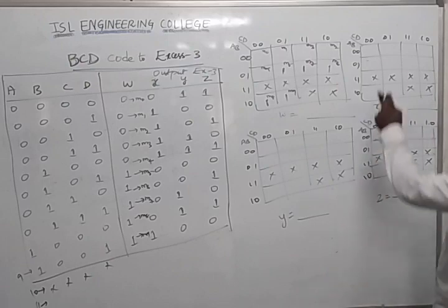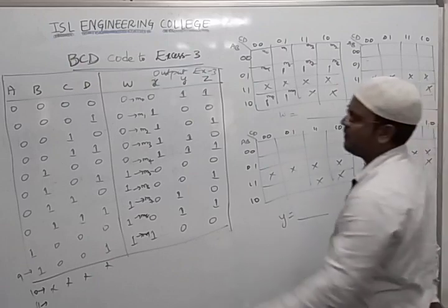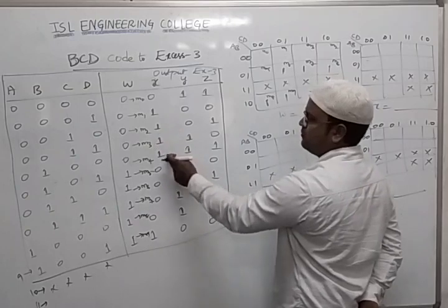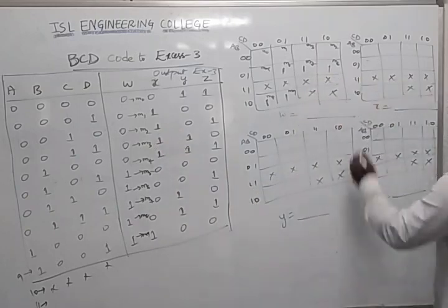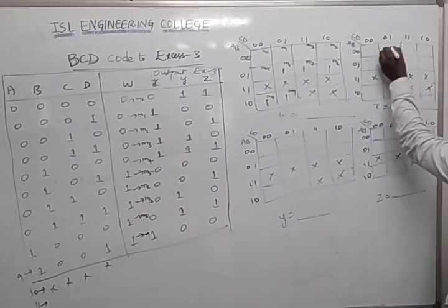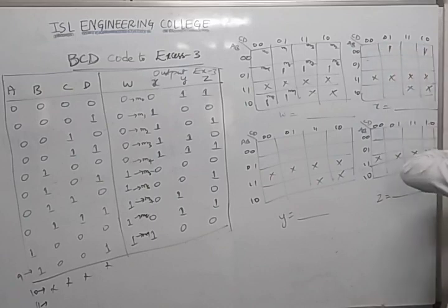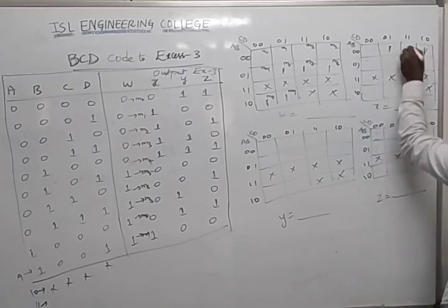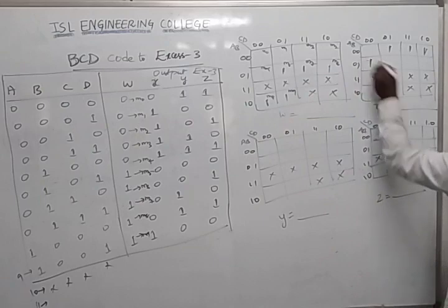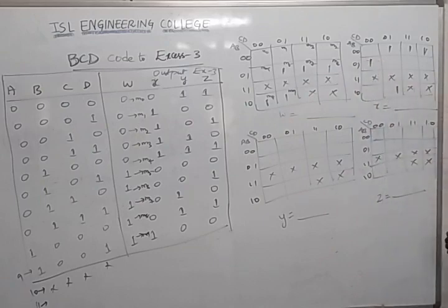Next, we have X. When X is high: 1, 2, 3, 4 and 9. So this we wrote, the respective values of these mean terms.